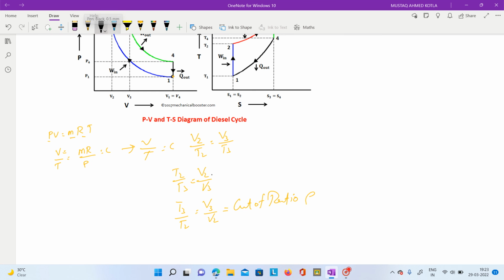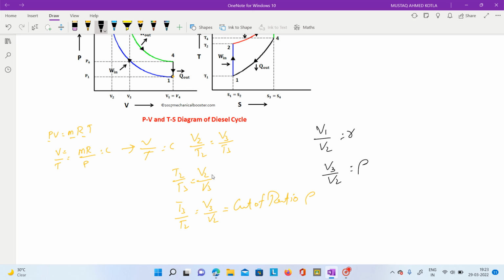Don't get confused: V1 by V2 equals small r, the compression ratio. V3 by V2 equals rho, the cutoff ratio.